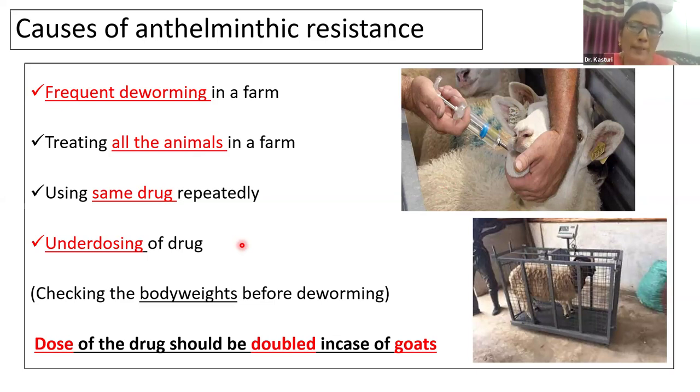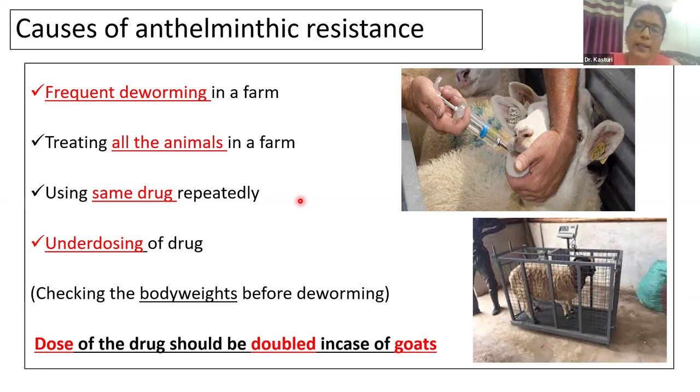In sheep and goats, the common mistake most farmers make is taking the same amount of drug in both species. But the dosage requirement in goats is higher than in sheep. Why? Because goats have a higher metabolism; their liver has a higher metabolic rate.